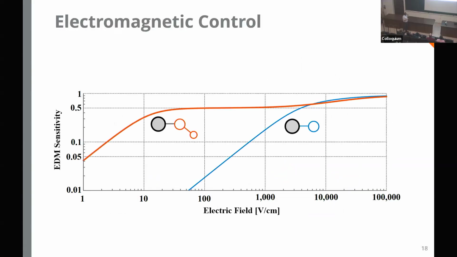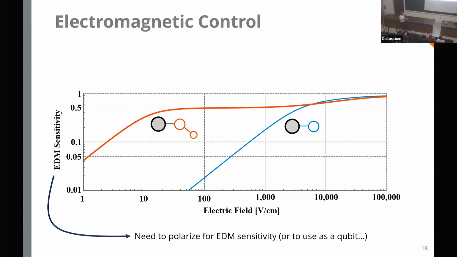And one of the reasons I like them is because they give you a lot of advantages, but one of the advantages that's most relevant for EDM and CP violation searches is that you can polarize the molecule in much smaller fields. So in order to realize EDM sensitivity or CP violation sensitivity, or if you want to use these molecules as a qubit or something in a quantum simulator, you have to polarize them in the lab frame.